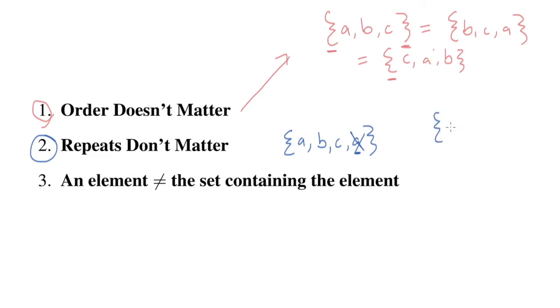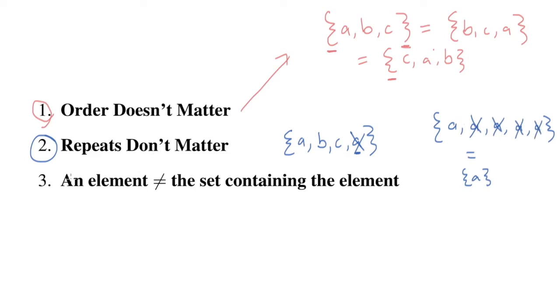So no matter how many times you keep adding an extra instance of A, you could add it 3 times, 4 times, 5 times, 60 times. It doesn't really matter. This set here just equals the set containing A, because these extra repeats don't count. They don't contribute anything.